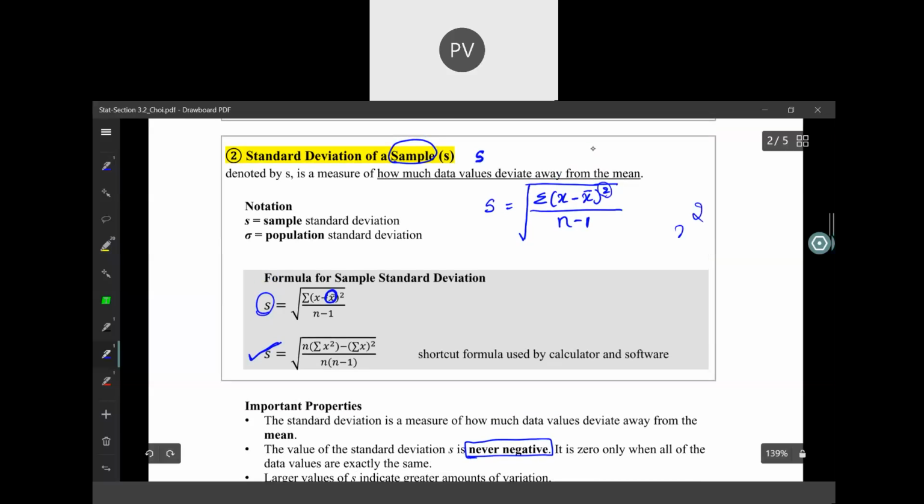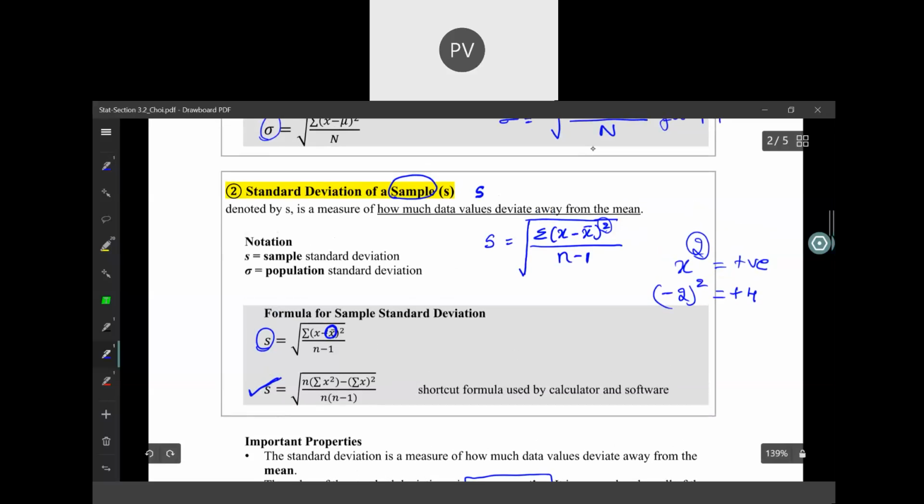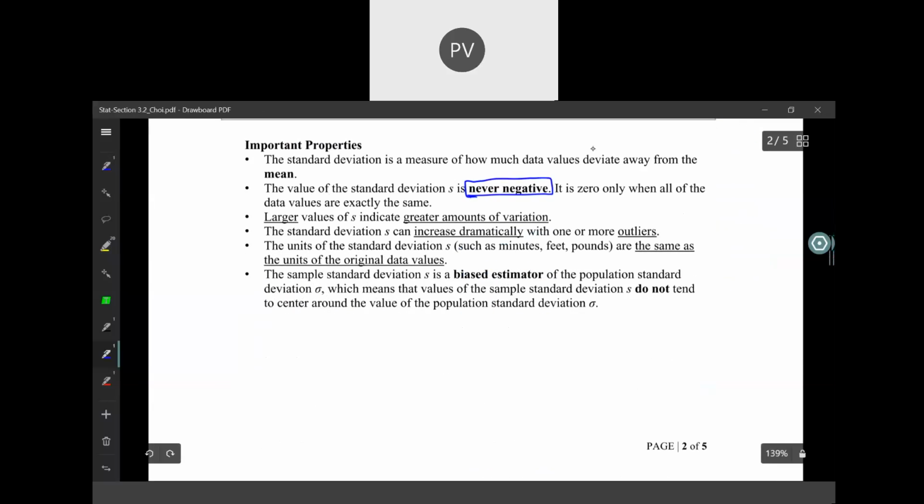If you have some number x and you square it, it will always be positive. For example, if I take x as minus 2, the whole square is positive 4. So in the case of standard deviation, we have a square here, and hence it is always positive and never negative.